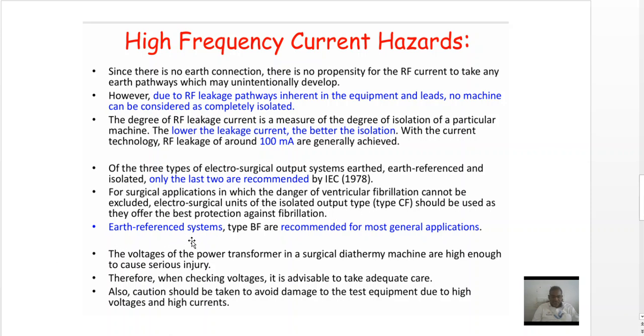Earth reference system type BF are recommended for most general applications. The voltages of the power transformer in a surgical diathermy machine are high enough to cause serious injury. So these are some of the high frequency current hazards. Therefore, when checking voltages, it is advisable to take adequate care. Also, caution should be taken to avoid damage to the test equipment due to high voltages and high current.